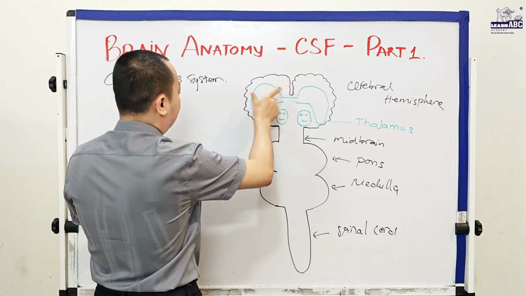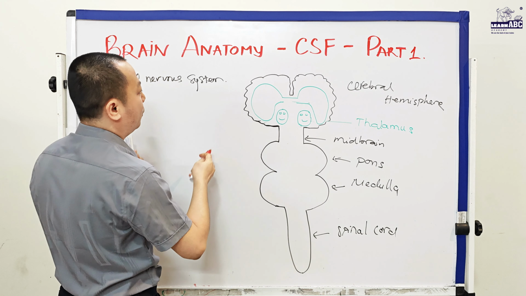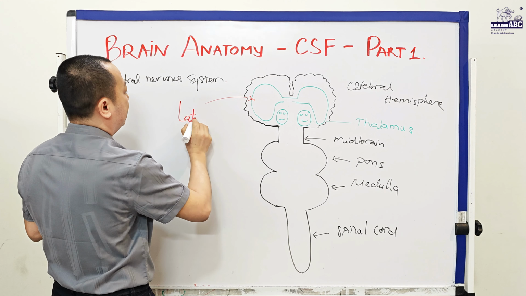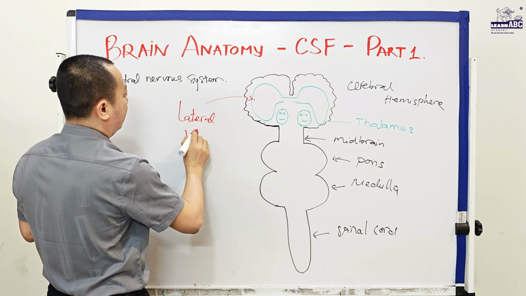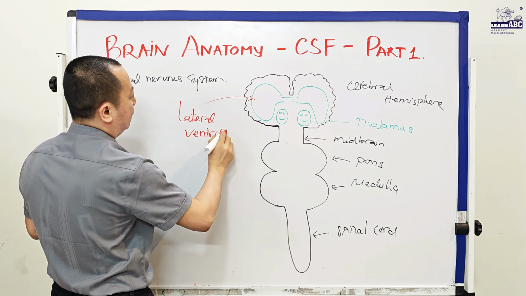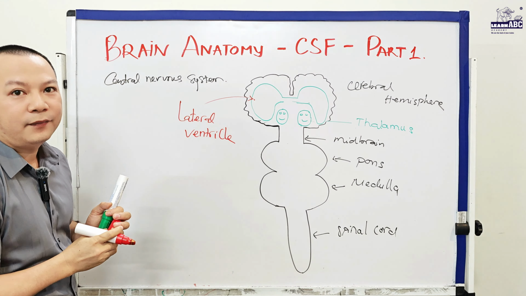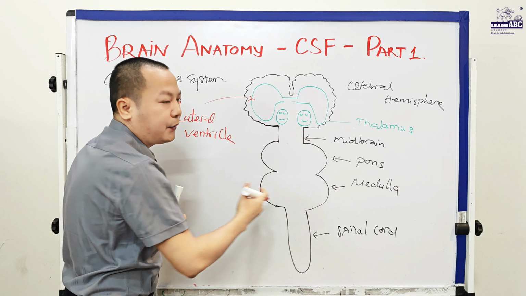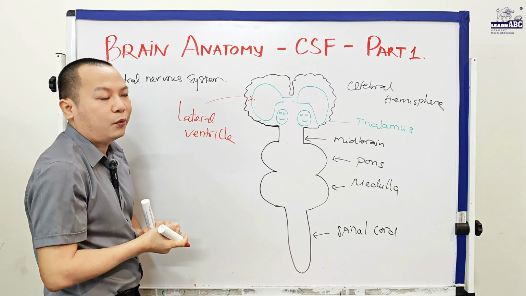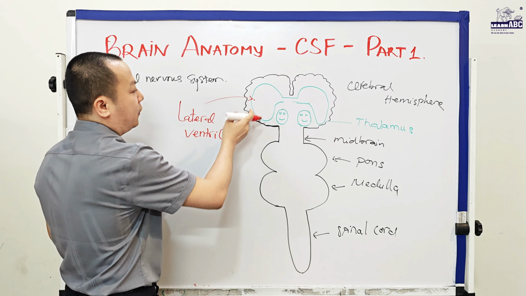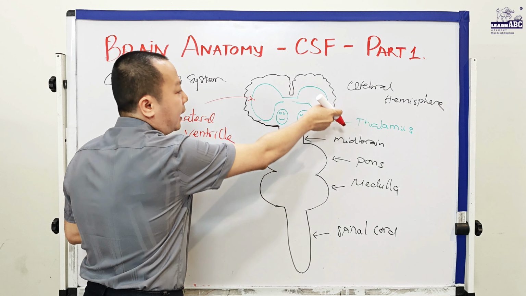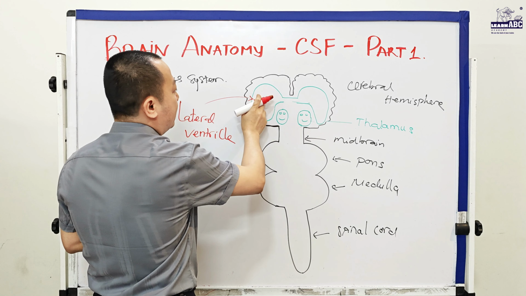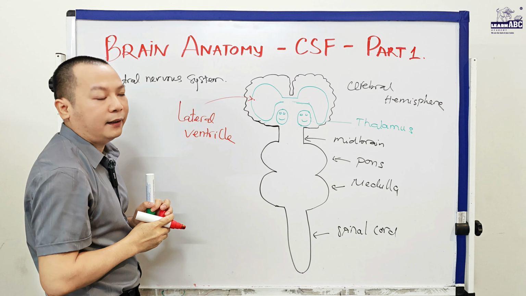Lateral means side; anything related to the side of the body, we call lateral. Of course, we have a left lateral ventricle and a right lateral ventricle. These ventricles produce the CSF.